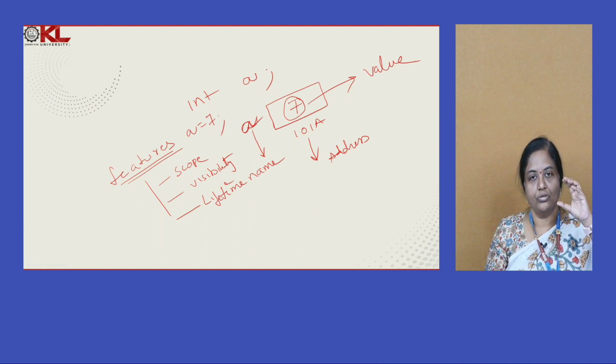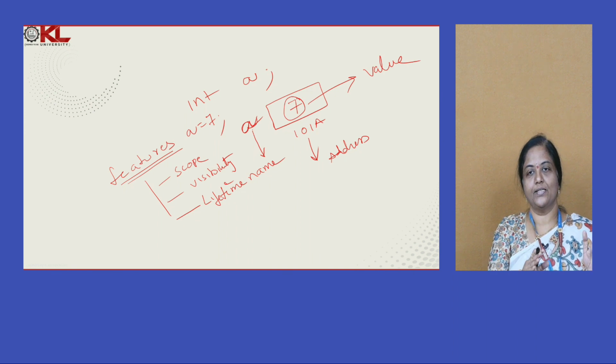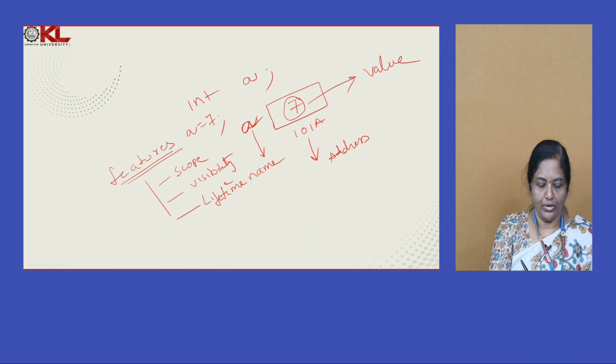How long it will retain and preserve this value tells you the lifetime of your variable. Its purpose is to store the value. If it is unable to store the value, then there is no meaning of its life. That's what it is. And then what are scope and visibility?